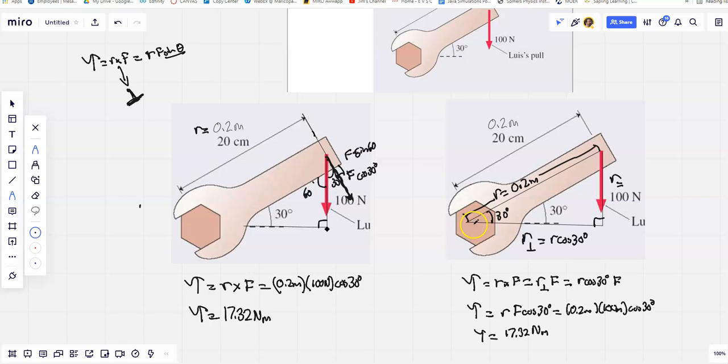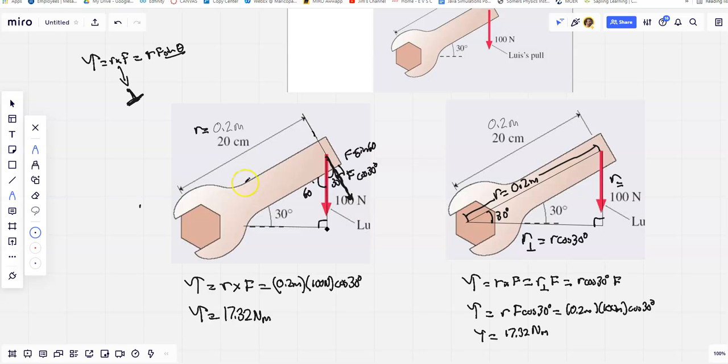Here, you're looking for the part of R that's perpendicular to F, right? So I did a little triangle, and in this method, you're probably going to have to assume that R given is the hypotenuse, okay? Both methods are valid, and both methods result in the same thing, okay?